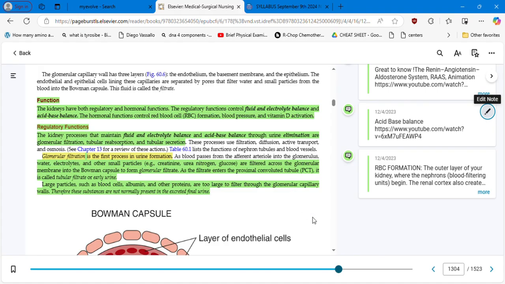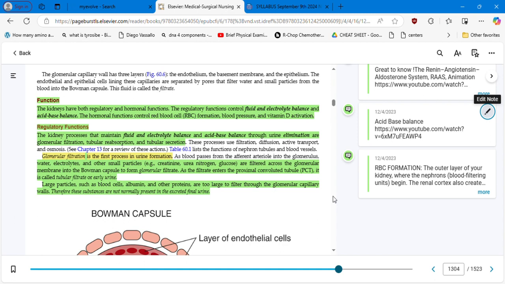Regulatory functions of the kidney: the processes that maintain fluid and electrolyte balance, we reviewed that. Glomerular filtration is the process in urine formation. You need to remember that, right? Water, electrolytes, and other small particles like creatinine, urea, and glucose are filtered across the glomerular membrane into the Bowman capsule to form glomerular filtrate.